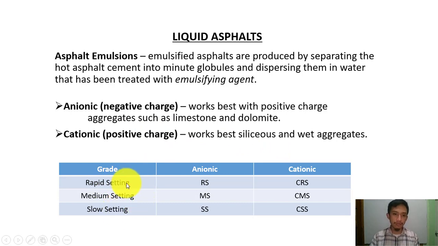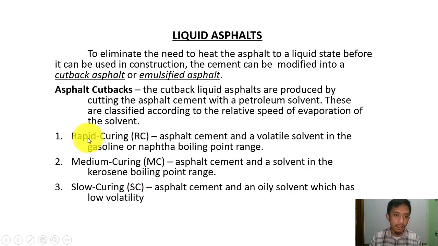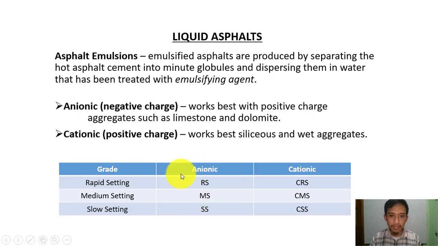These are also the classification of emulsified asphalt: rapid setting, medium setting, and slow setting, just like a while ago, rapid curing, medium curing, and slow curing. So there are subtypes, depending on which type of emulsion we used, anionic or cationic.